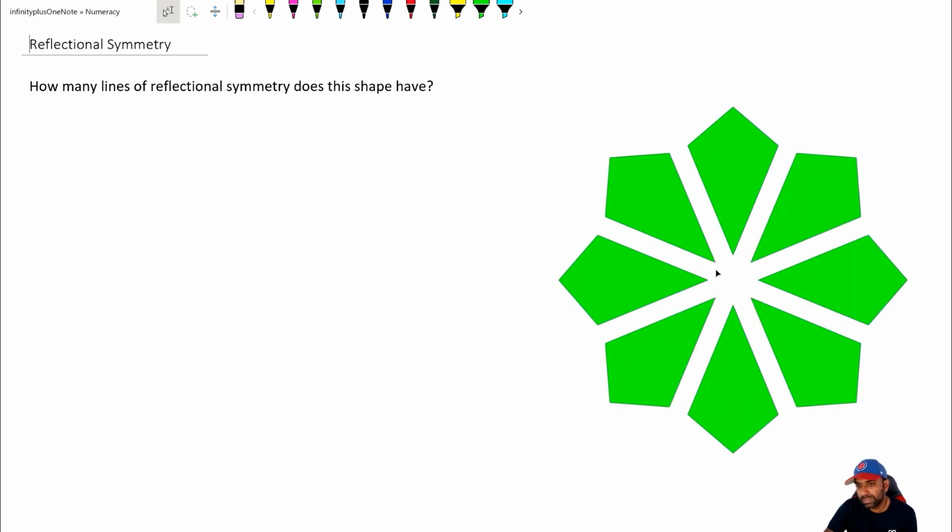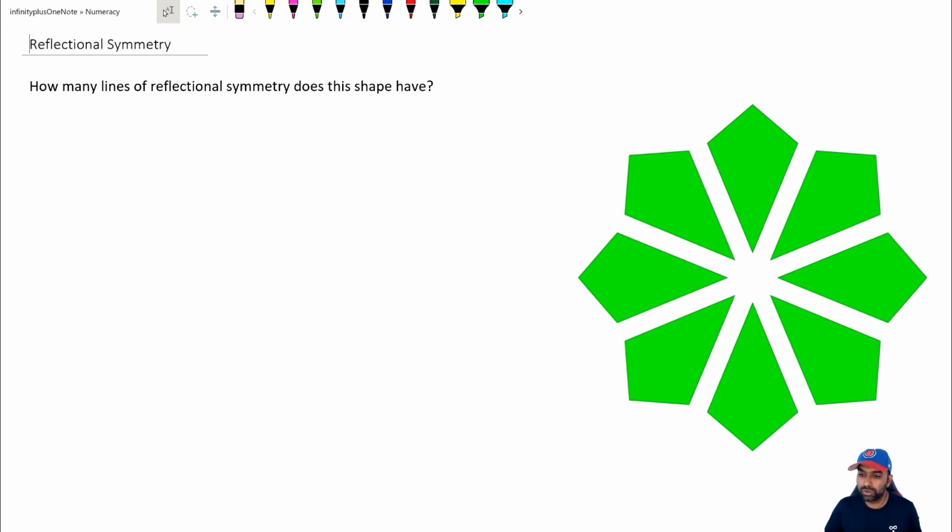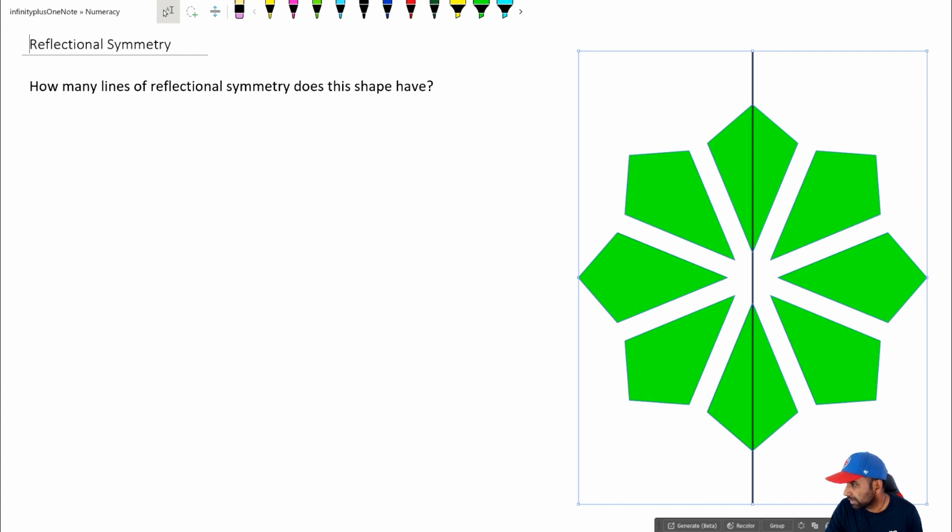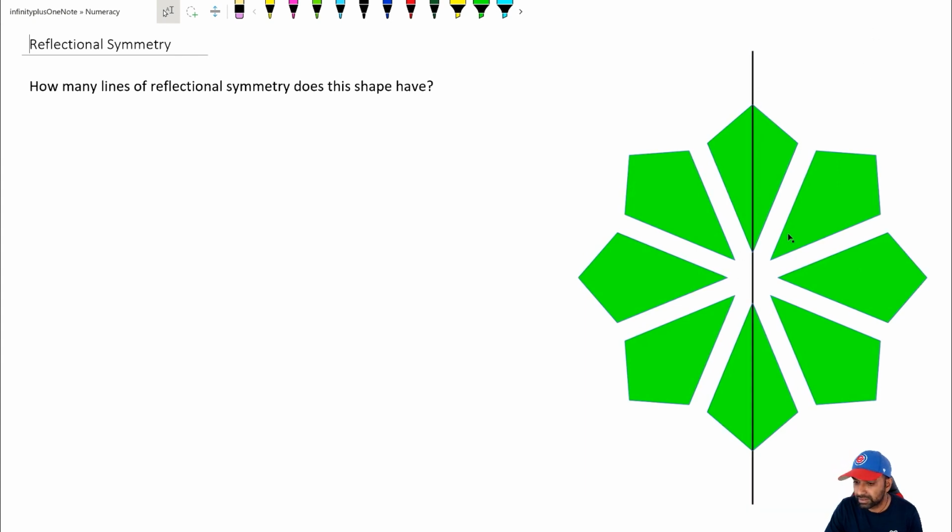All right, so with this particular shape, you're thinking, okay, how many lines of symmetry are there? What we're going to do is try and figure that out. The first thing I'm going to do is put a line right through the middle there. As you can see, whatever is on the left-hand side is reflected on the right-hand side. Now I also want to make sure this line is perfectly in the center, because the next line of symmetry I could have is one that goes along here, and I'm just going to draw it quickly for you.